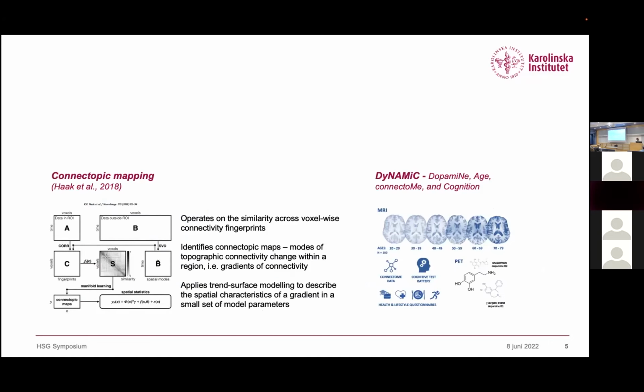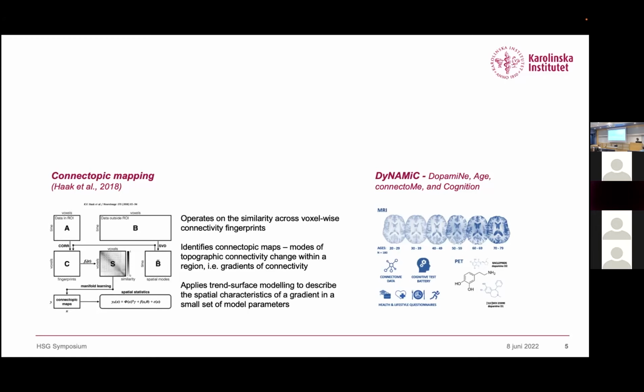So we're using the DyNAMIC study. It's a data set we have at the Aging Research Center and also at UFBI in Umeå. It consists of 180 adults, evenly distributed across 6 decades of the adult lifespan.